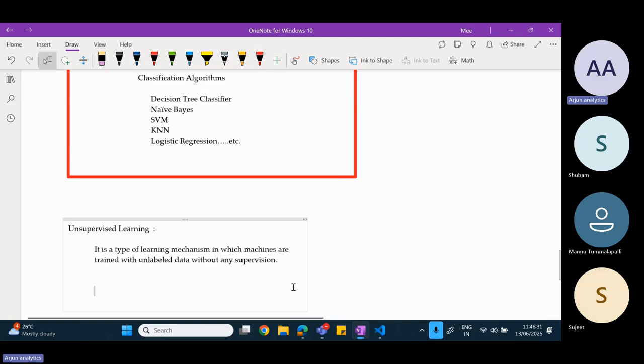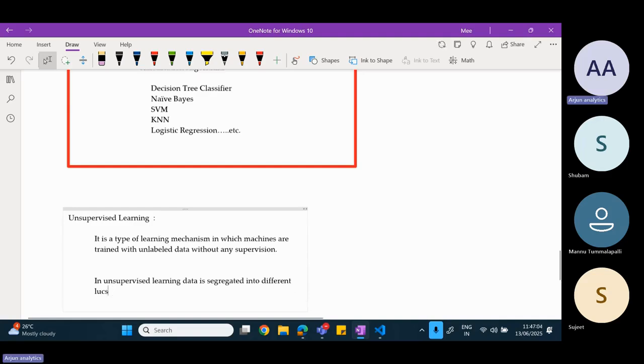In unsupervised learning, data is segregated into different clusters based on the common features.